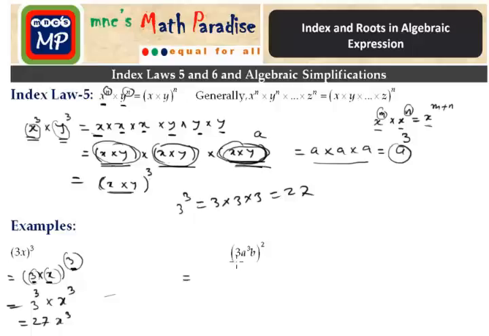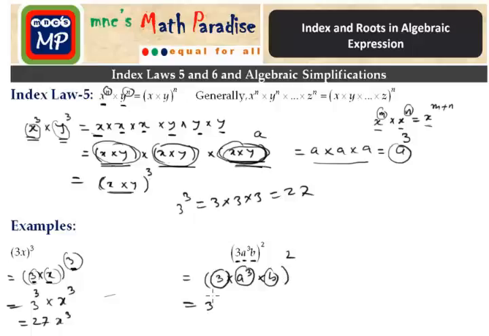Actually here we expanded. So let us see this example. Here 3 a cube b, the whole to the power 2. That means one term, two terms, three terms are multiplied and the common power is 2. So this common power will be distributed over each of the bases.